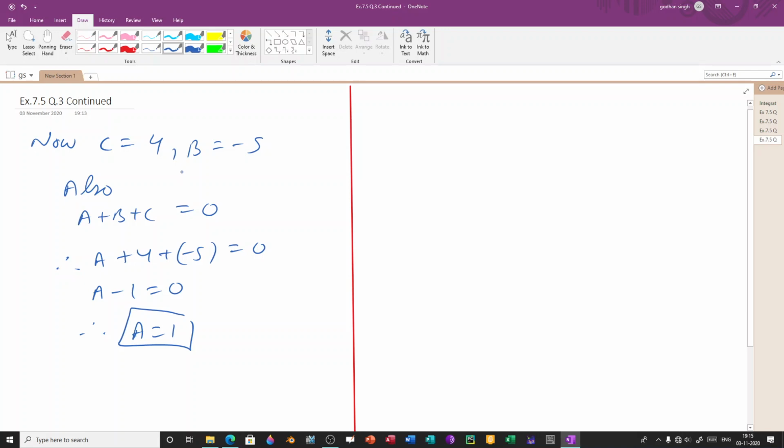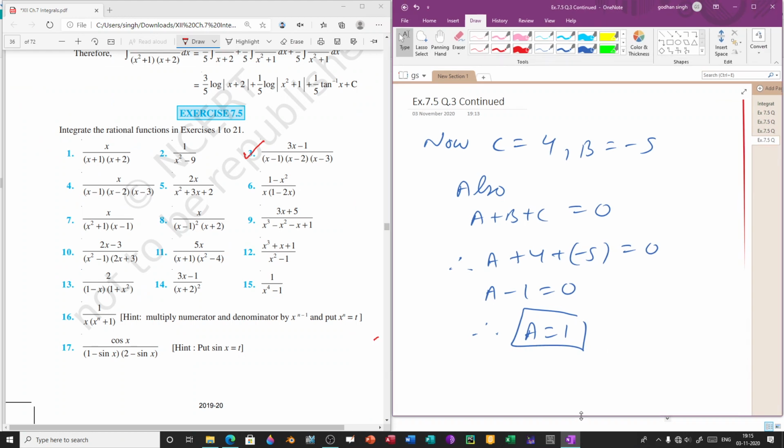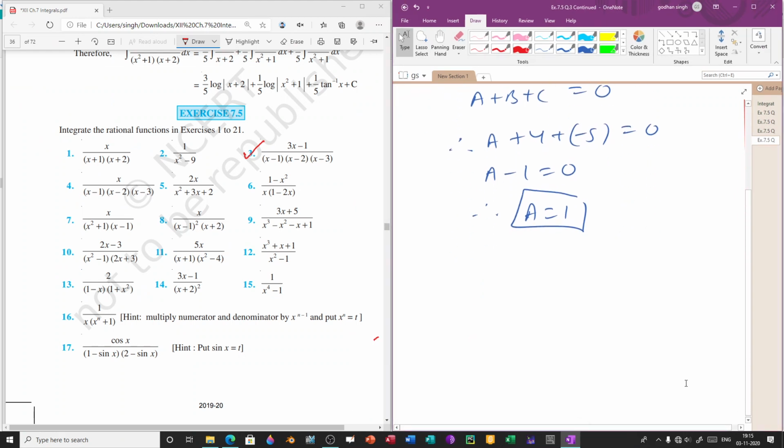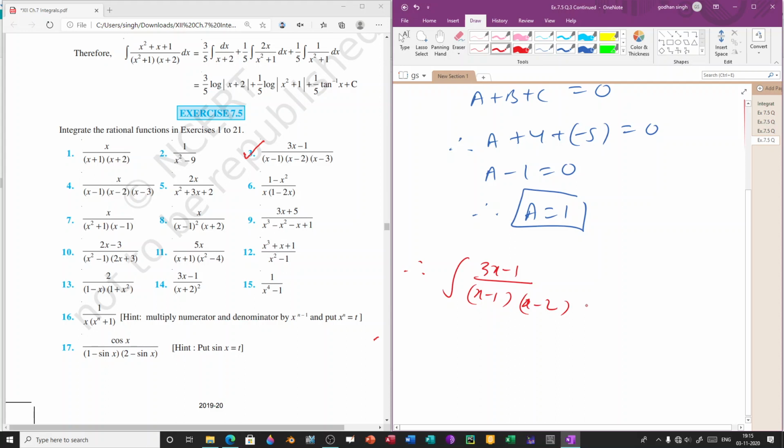So now we can do the integration work. Let us see what our final integration will be. Integration of 3x minus 1 over x minus 1 into x minus 2 into x minus 3 dx.